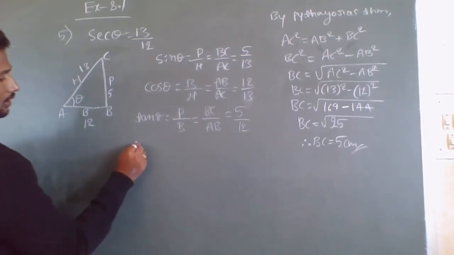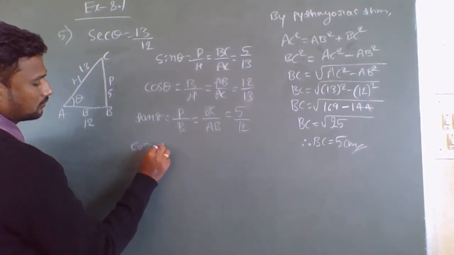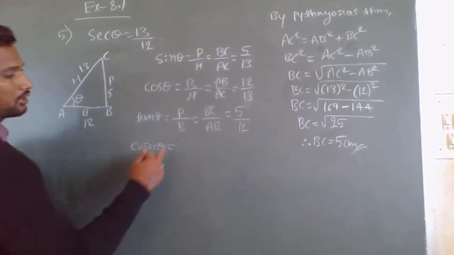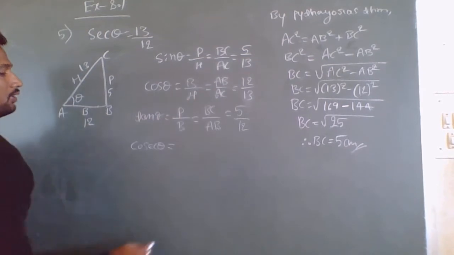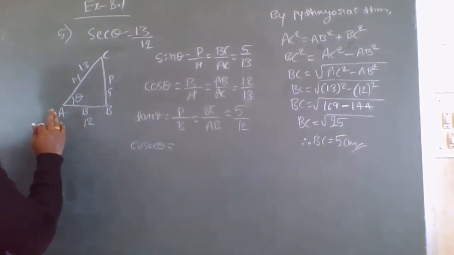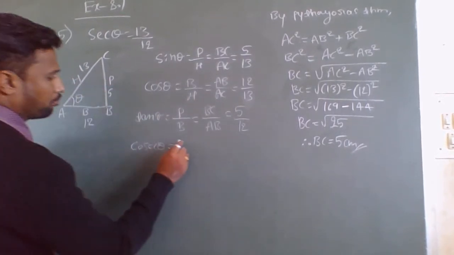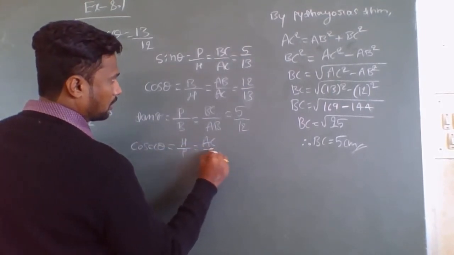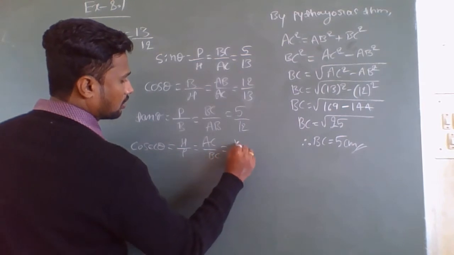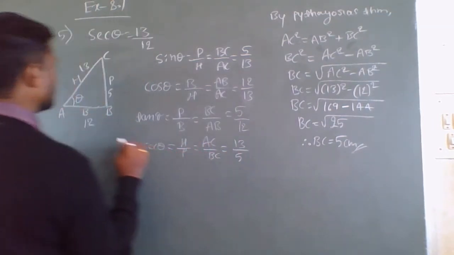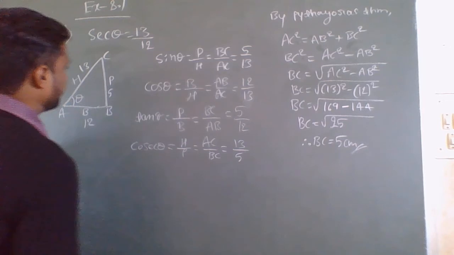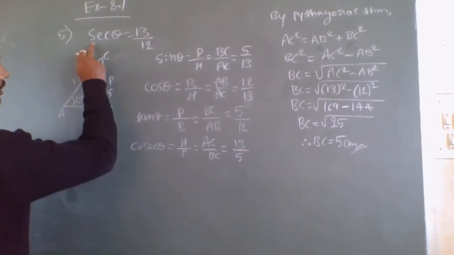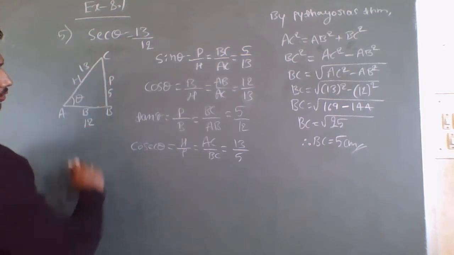Next, cosec theta. Cosec theta is the reciprocal of sin theta, so you can directly write 13 by 5, or cosec theta equals hypotenuse by perpendicular, AC by BC, which is 13 by 5. Sec theta they have given directly as 13 by 12.